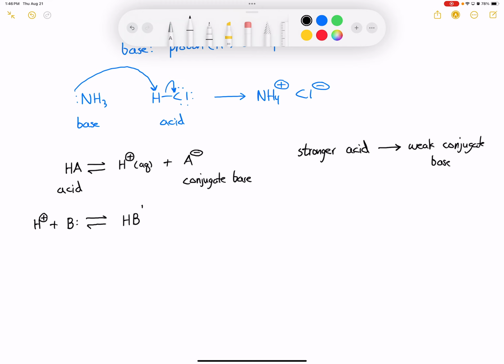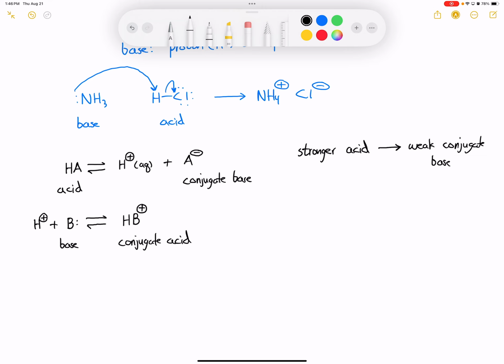Okay. And now B will have the positive charge. Okay. So this is our base. What's this called on the right? HB, what's that called? Conjugate acid. Good. The same thing applies here. The stronger the base, the weaker the acid. Okay, so it's just the opposite now.